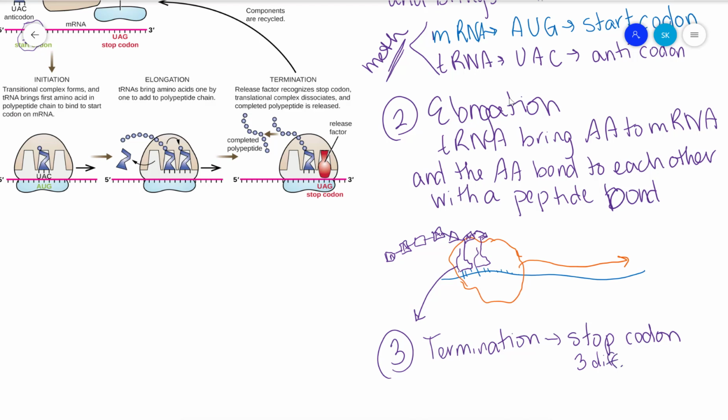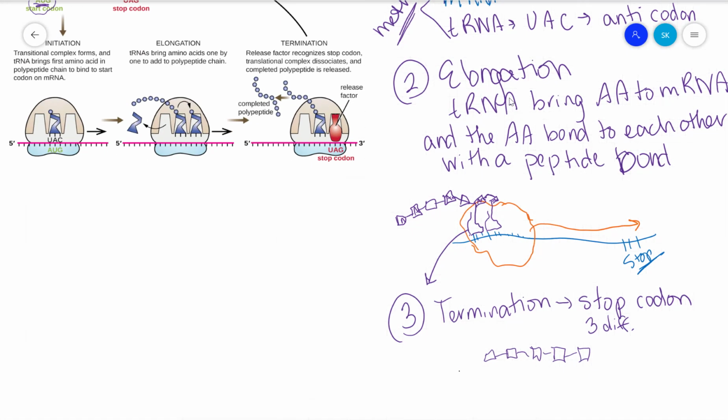But either way, once the tRNA hits a stop codon, it will just release the amino acid chain out into the world. And in the end, what we have created is a polypeptide.